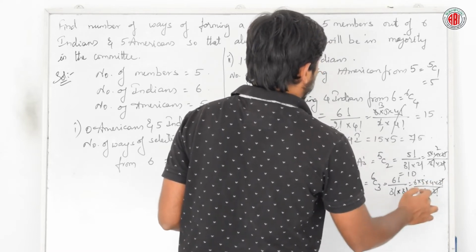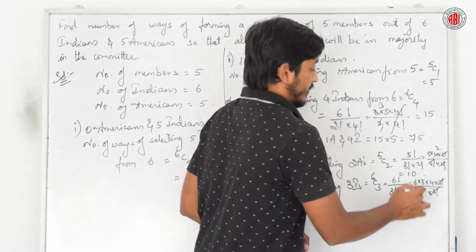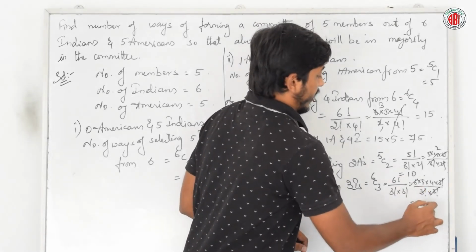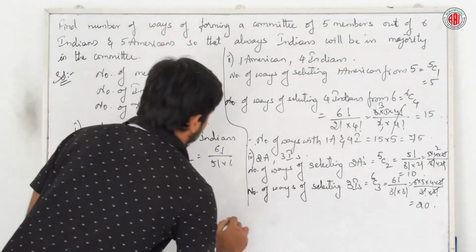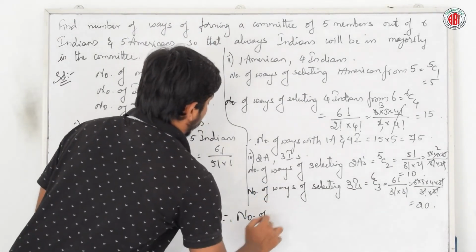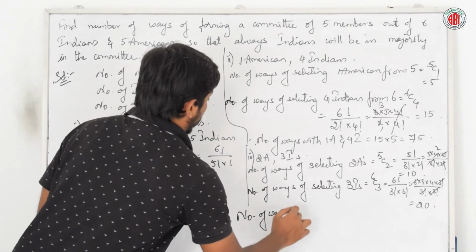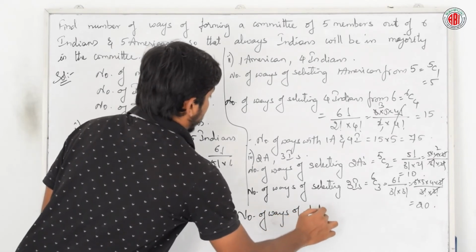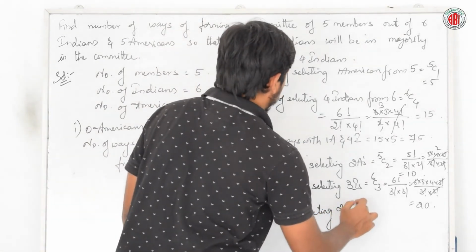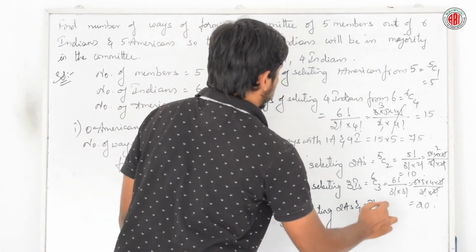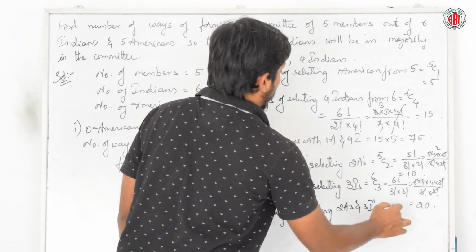These both will get cancelled. 3 factorial is 6. 6, 6 will get cancelled. I will get it as 20. Okay. Therefore, total number of ways of selecting 2 Americans and 3 Indians is 200.